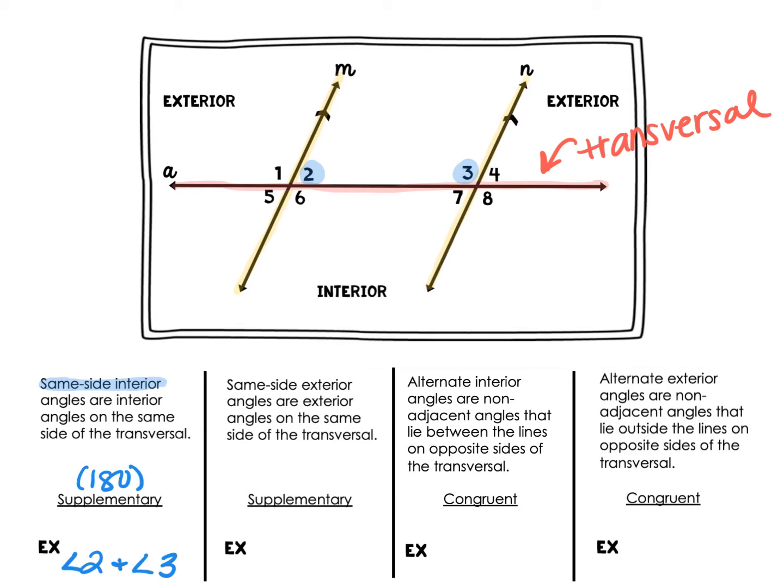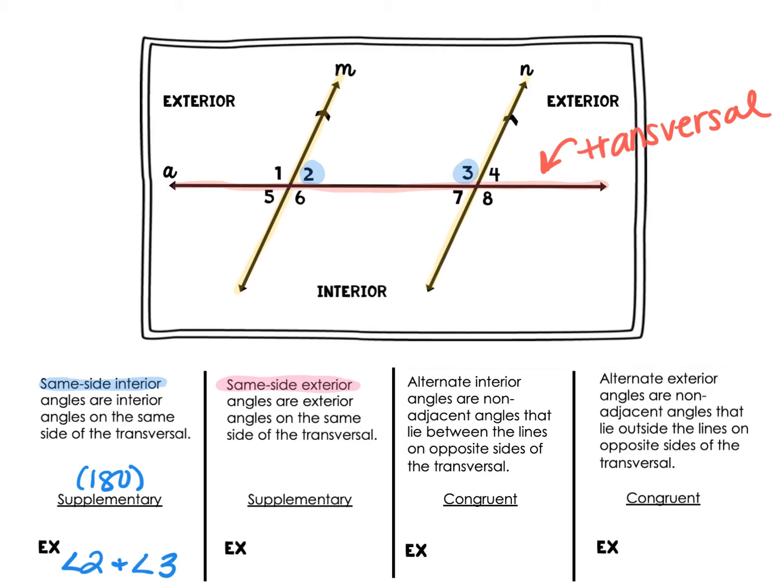Next, we're going to look at same side exterior angles. Exterior means outside, and these are sometimes called consecutive exterior angles. So we're looking for angles that are outside the parallel lines and on the same side of the transversal. So our angles that are outside of the parallel lines are 1, 4, 5, and 8.